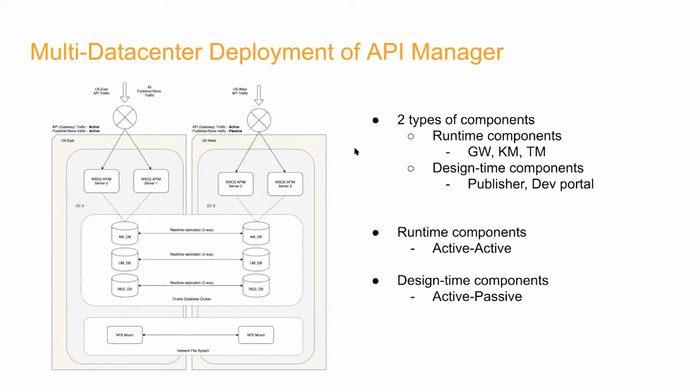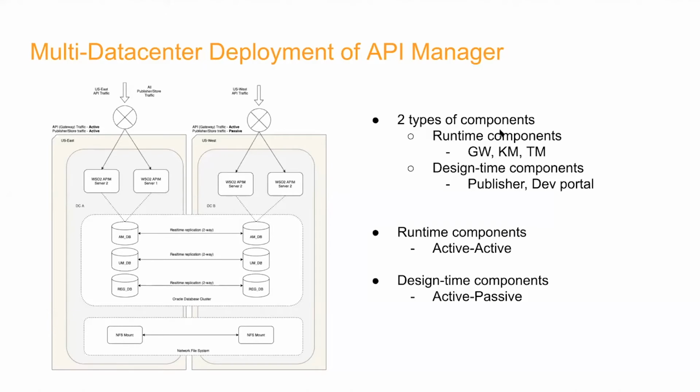If you think about API Manager, if you look at this slide, we have two types of components in API Manager. One is runtime components, which includes gateway, key manager, and traffic manager, etc. And then we have design time components, such as publisher and dev portal.